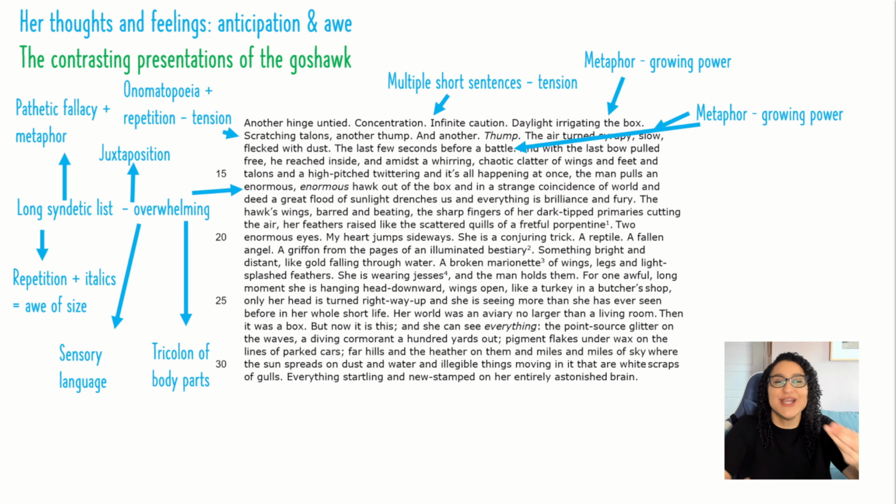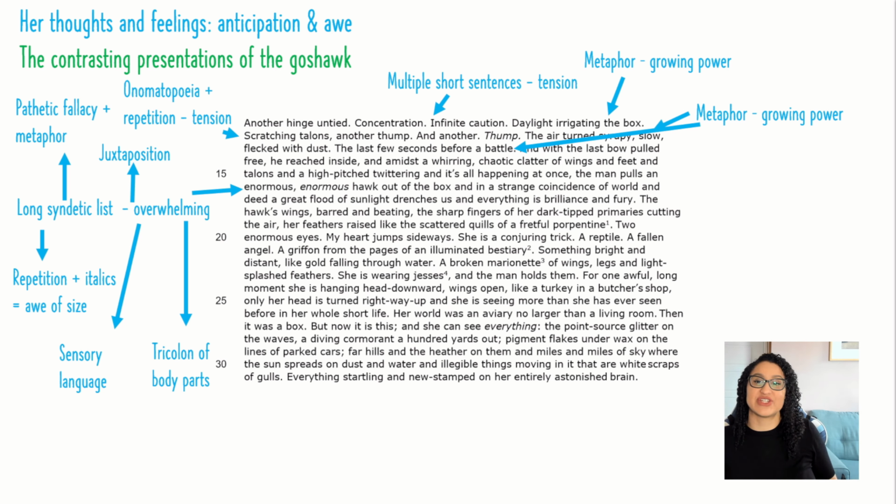So overall, this whole long syndetic list that really introduces our hawk for the very first time is not just about showing the transition from her going from anticipation to awe as she's seeing the hawk. It's also about presenting the power of the hawk itself, the strength that it has.